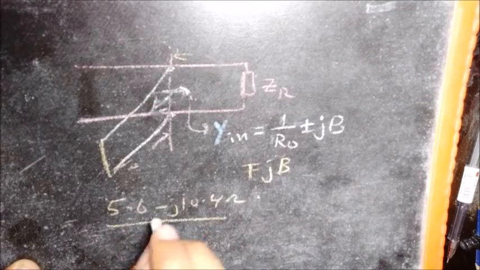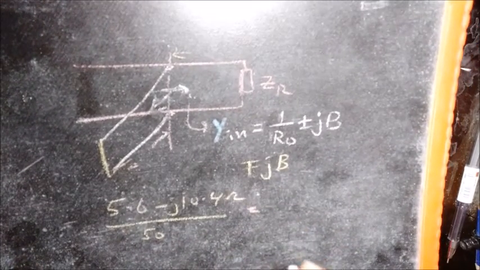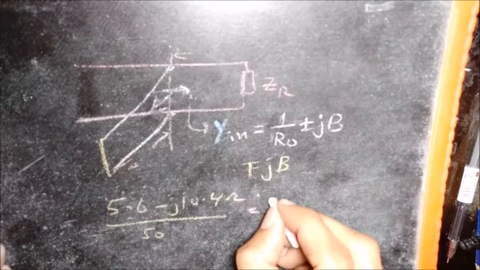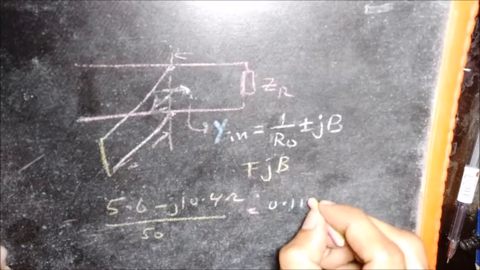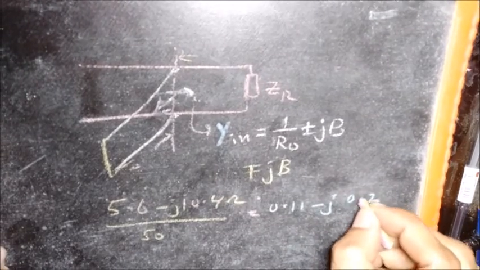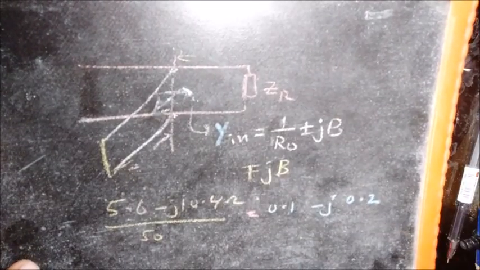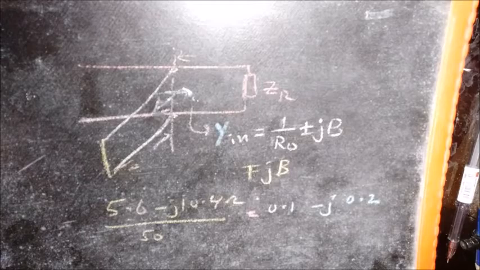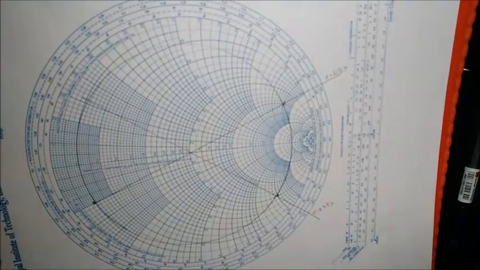So I normalize it with respect to the characteristic impedance, and I end up getting 0.11 minus J 0.2. Let me just drop this 1. I'll take it as 0.1 minus J 0.2. I will take it like that. It becomes easier for me to demonstrate. So first I locate.